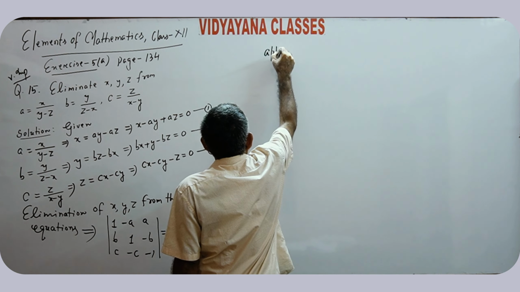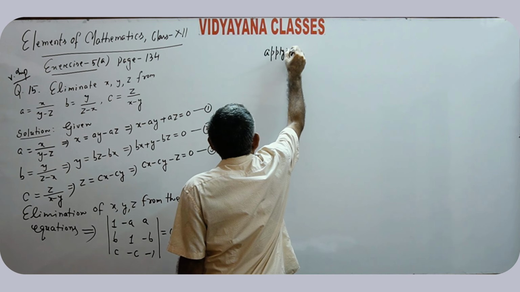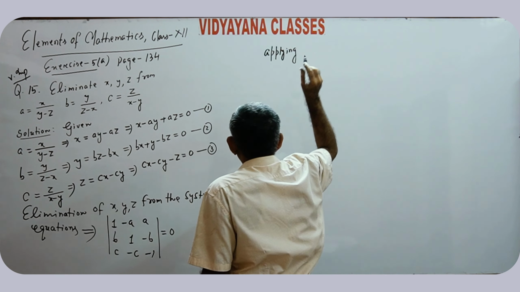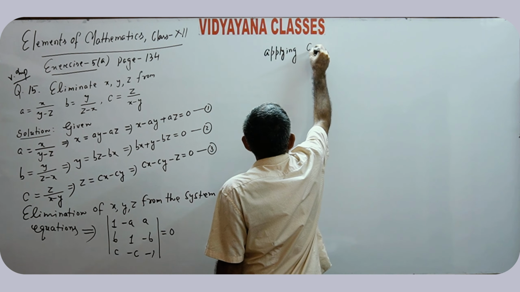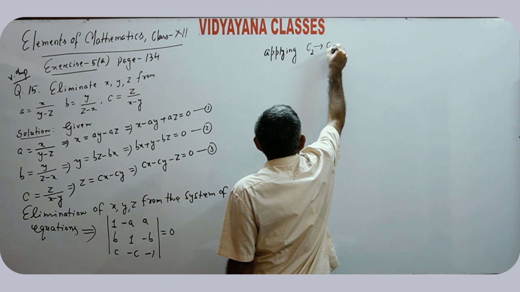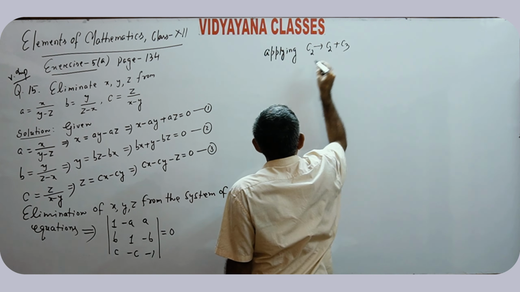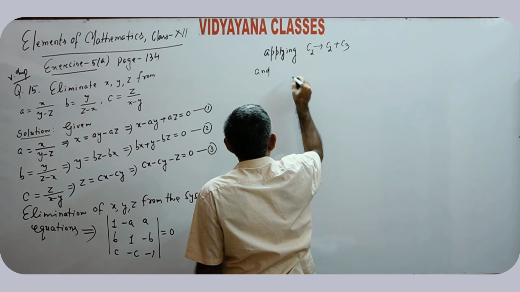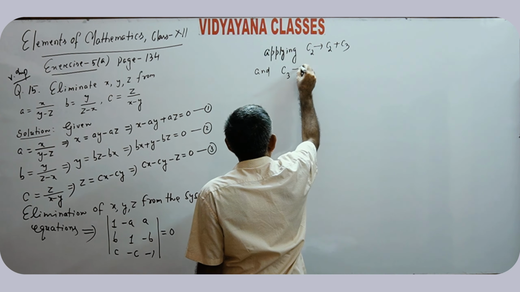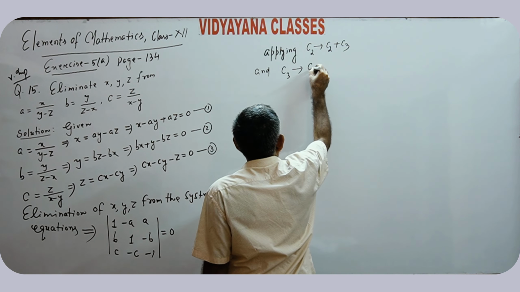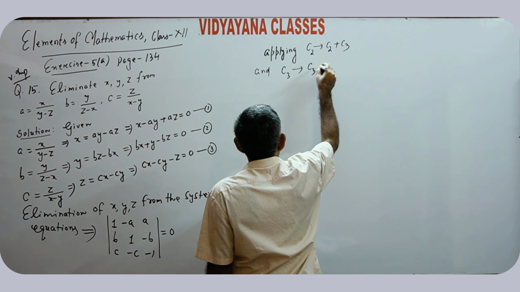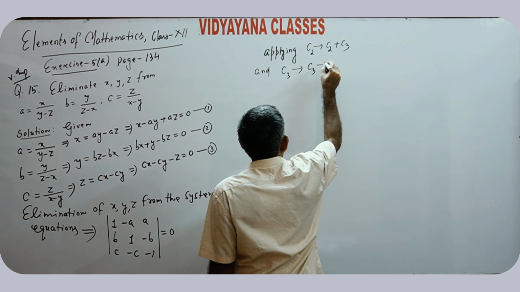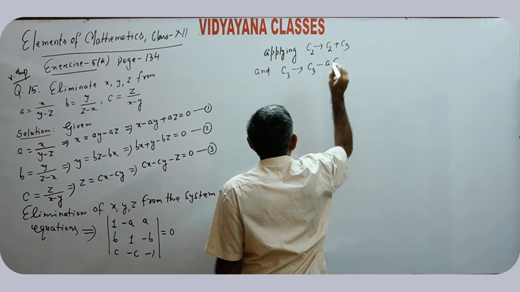Applying C2 is replaced by C2 plus C3 and C3 is replaced by C3 minus A times of C1.